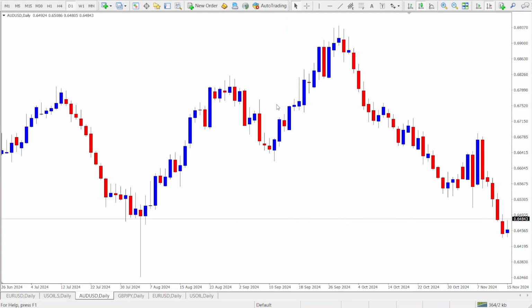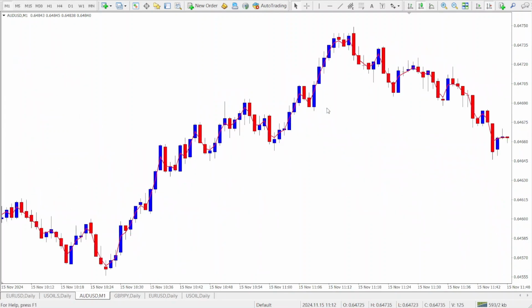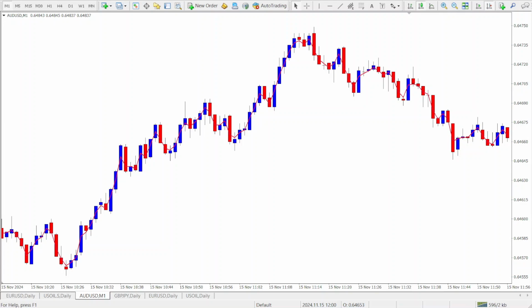So the moving average is an indicator that is used by a lot of traders. But now we are setting the moving average period to 2, so it's a 2-period moving average. It's one of the shortest term moving averages you can use.